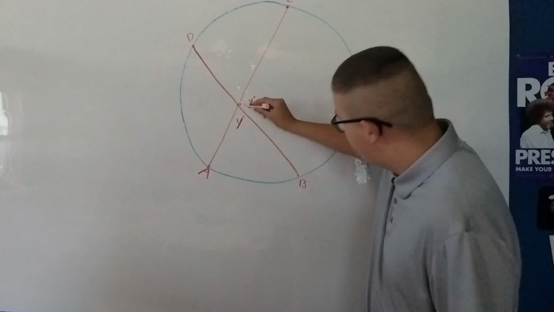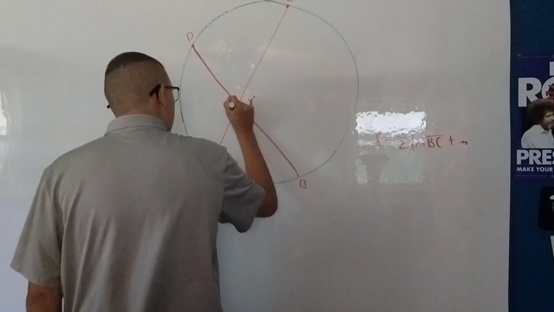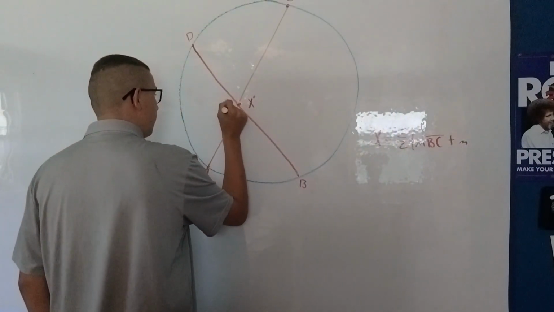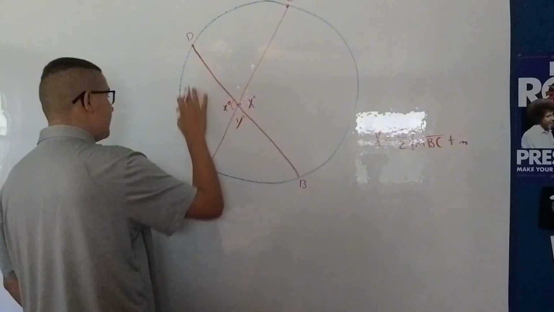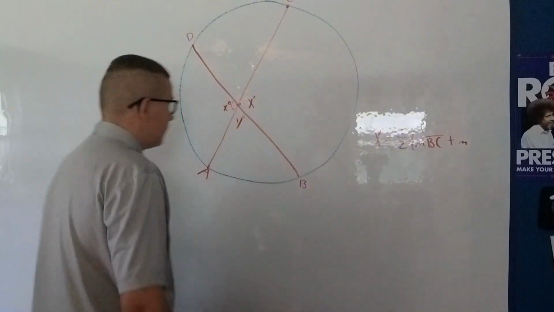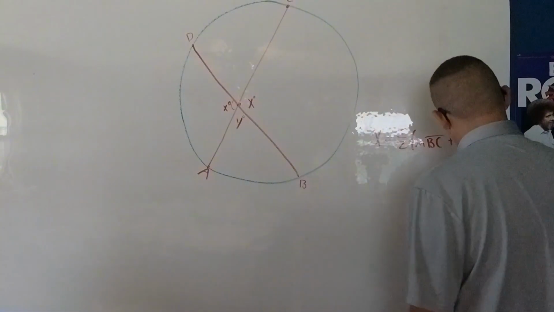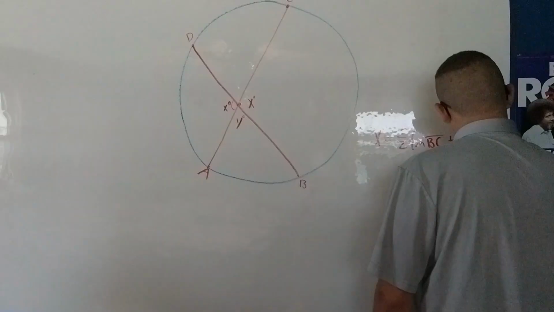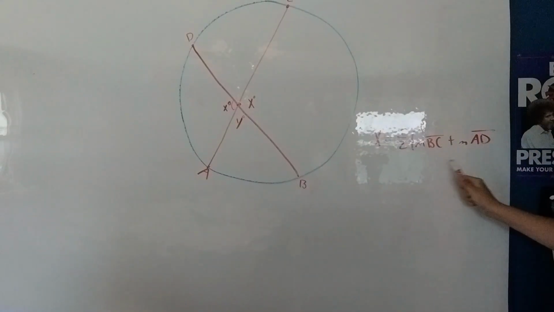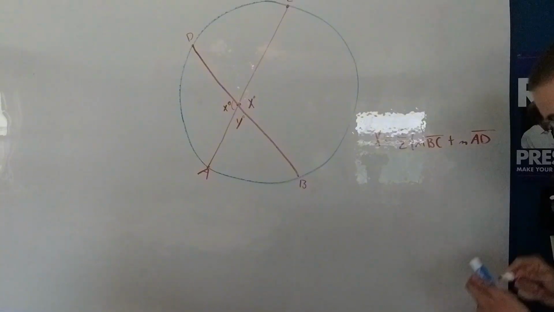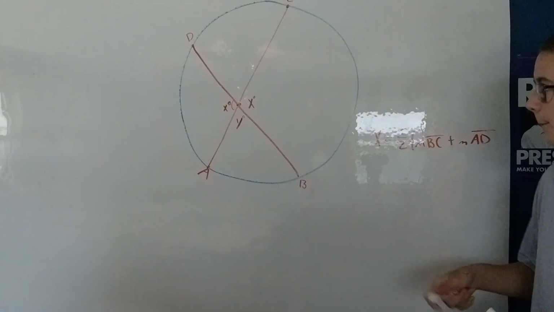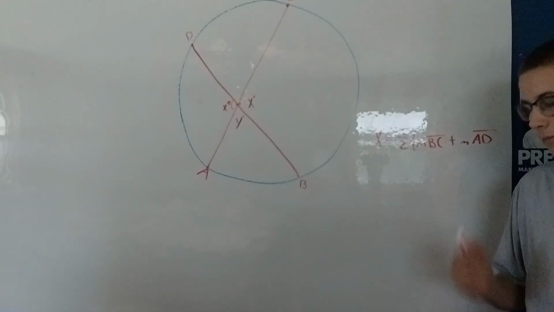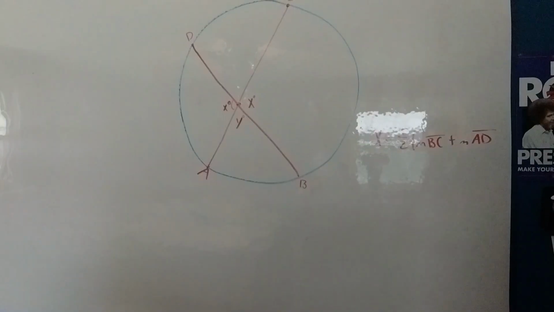The vertical angle of x right here is also x, remember, and then we take this arc right here, AD, like that. And this m means we're taking the actual measure of the arc rather than the angle, right?